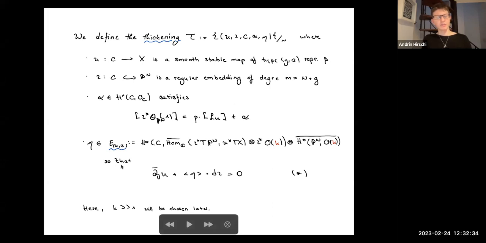And finally, we have our perturbation term eta, which lives in this big obstruction space here, where the important bit is that we have this very positive line bundle here and here, and this will be used to achieve transversality. And K is additional auxiliary data which we have to choose, which I will not do now.